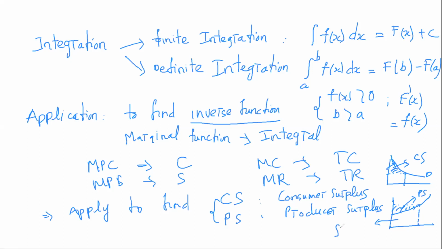This part is going to be from 0 to Q0, P by QS, DQ. The whole part. Sorry.